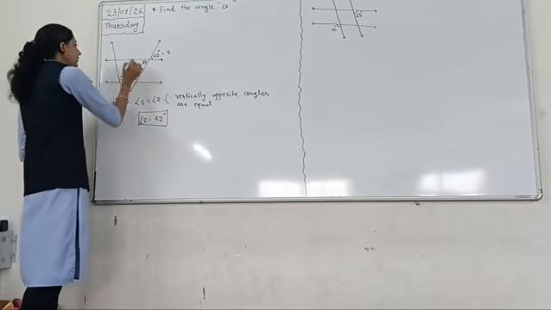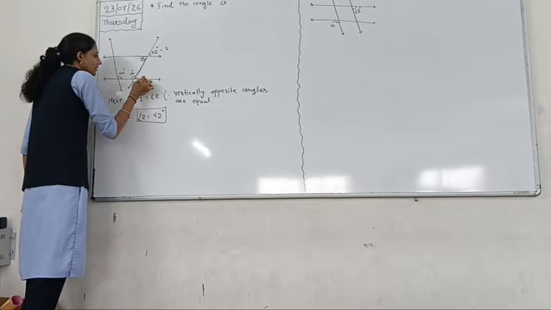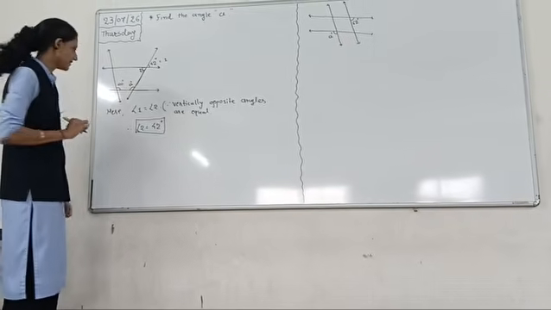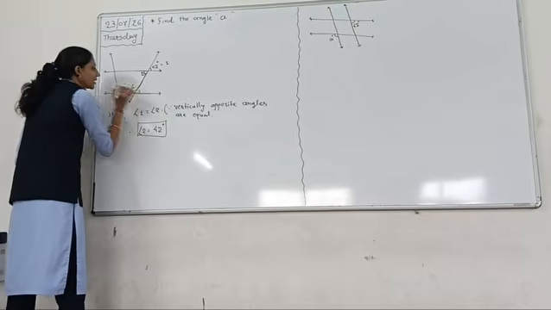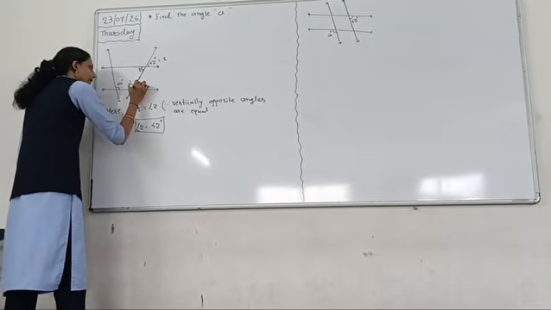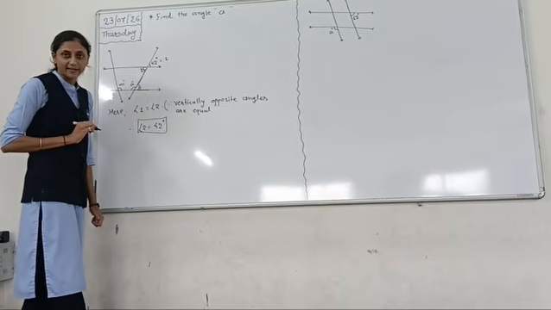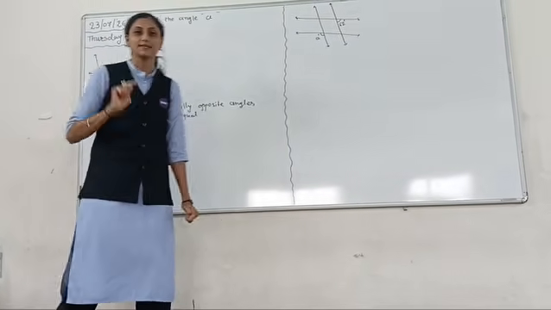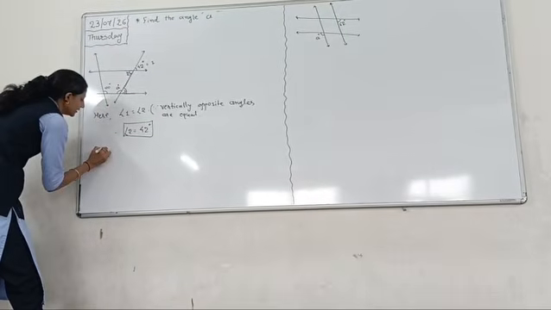Now look, here a Z is forming. This is a Z. So which pair will it be? Alternate interior angles. This is angle 2, and this we call angle 3. So 2 and 3 are alternate interior angles, and we have the property that alternate interior angles are always equal. So we are going to use that here also.